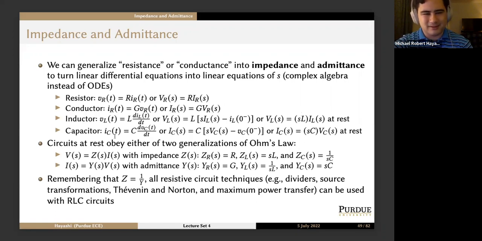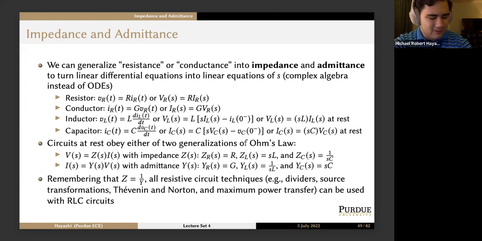And similarly for a capacitor, we'll get IC of S is equal to C times bracket S VC of S minus VC of 0 minus, close bracket. Or IC of S is equal to S times C times VC of S when at rest in that special case, where we have the admittance of the capacitor Y being S times C.